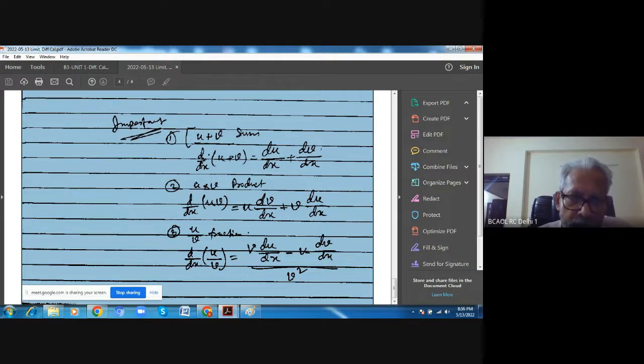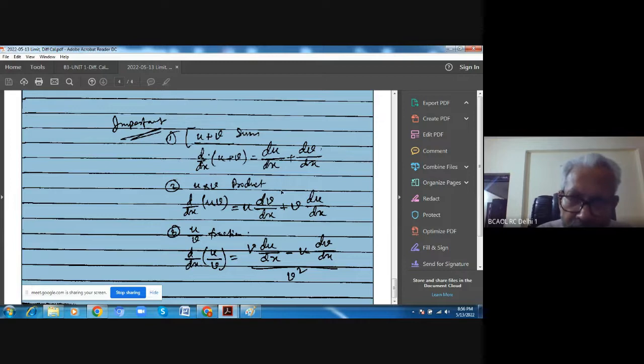Second, multiplication, the product of u and v, two variables. In that case, this is the formula. First, you keep u and differentiate v, plus now v is as it is and you differentiate u.